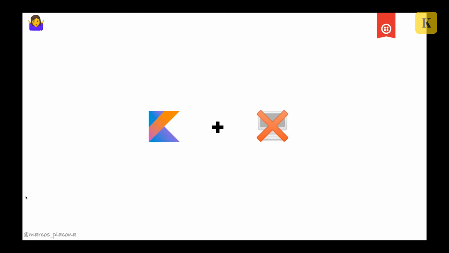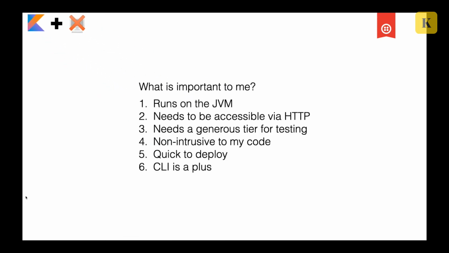So what is important to me when I build an application? I want something that runs on the JVM. The JVM is where I'm comfortable. I'm comfortable writing Kotlin code. I am moderately comfortable writing Java code, although I'm always going to choose Kotlin there.